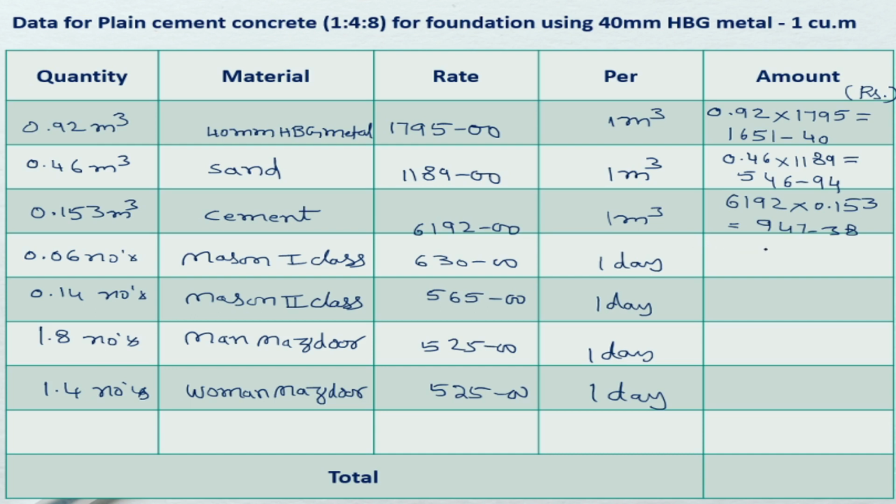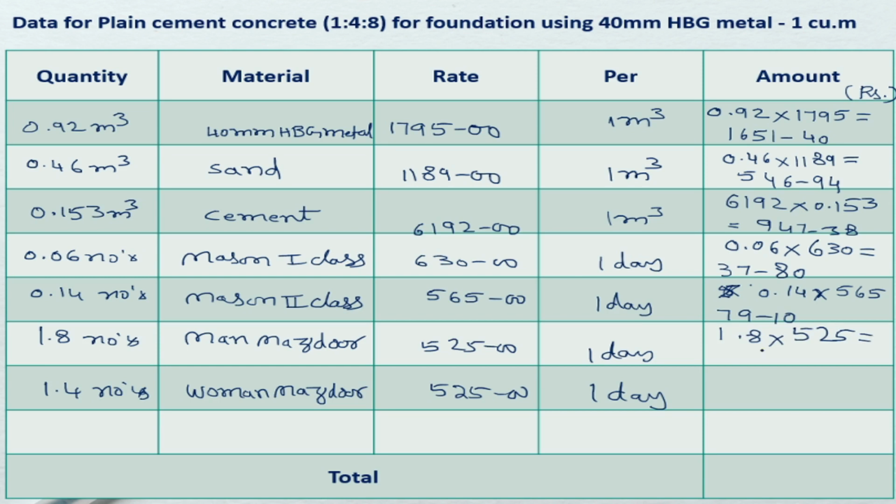Mason first class 0.06 quantity into 630 rupees, 37 rupees 80 paisa. Mason second class 0.14 number into 565, 79 rupees 10 paisa.